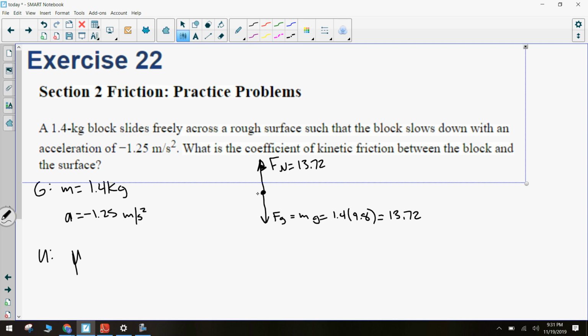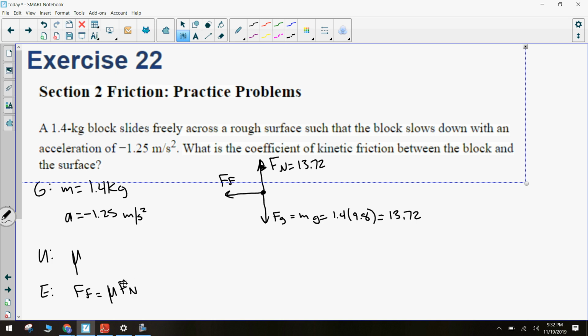Alright, so as we come through here, it's slowing down with a negative acceleration. That means I'm going to go ahead and draw my frictional force in the negative direction. So that's negative force of friction. Alright, so equations. We have the force of friction is equal to mu times Fn.